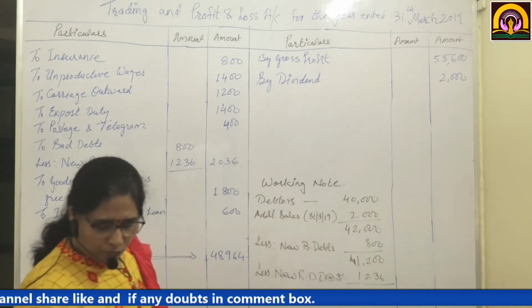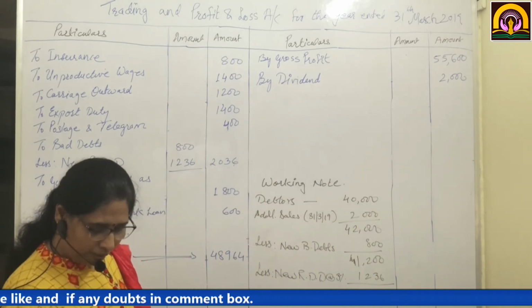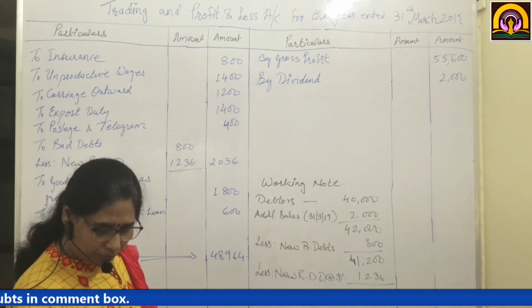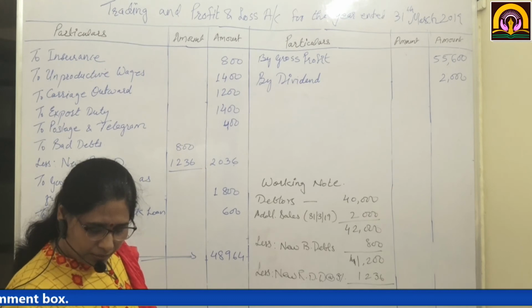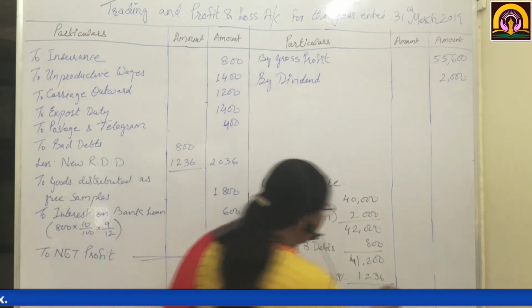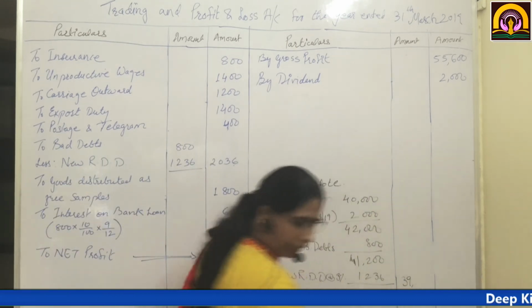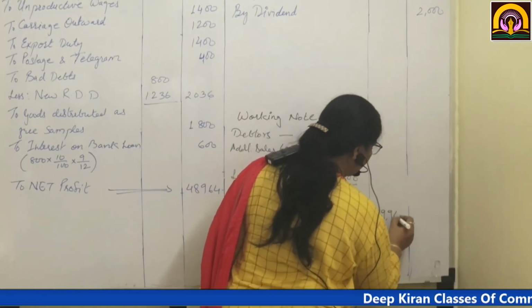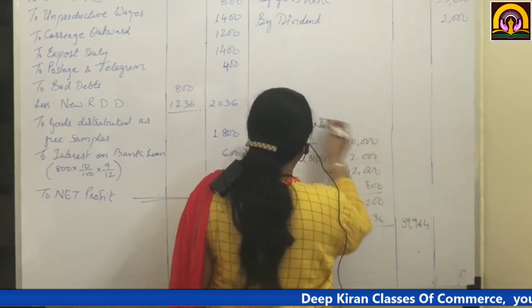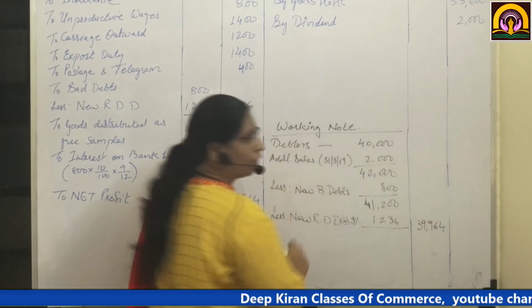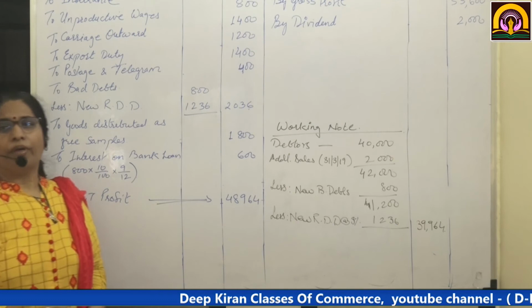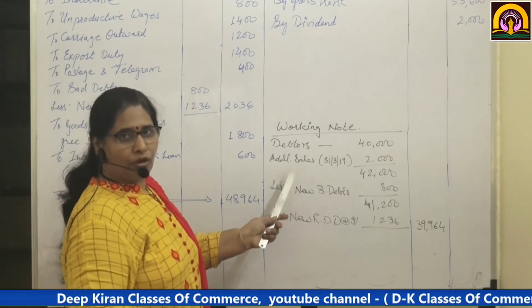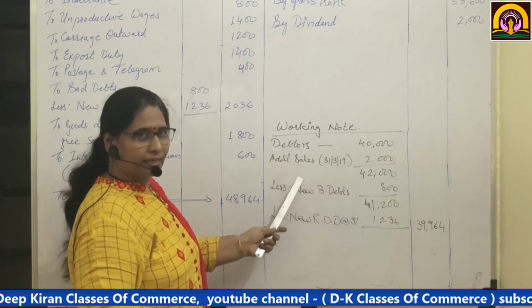So 41,200 minus 1,236 is 39,964. Okay, this whole adjustment you are going to write on the balance sheet asset side.